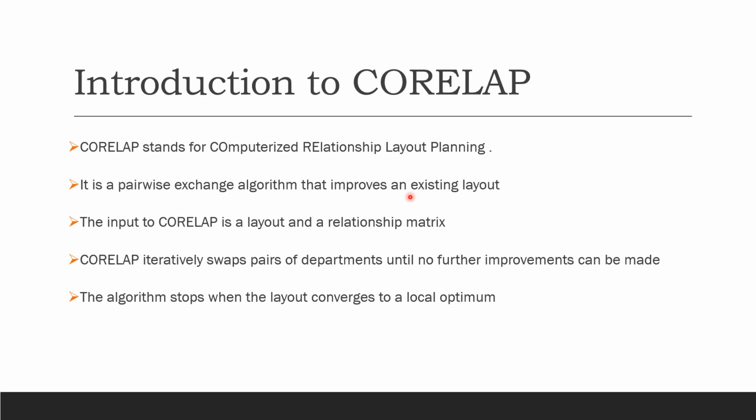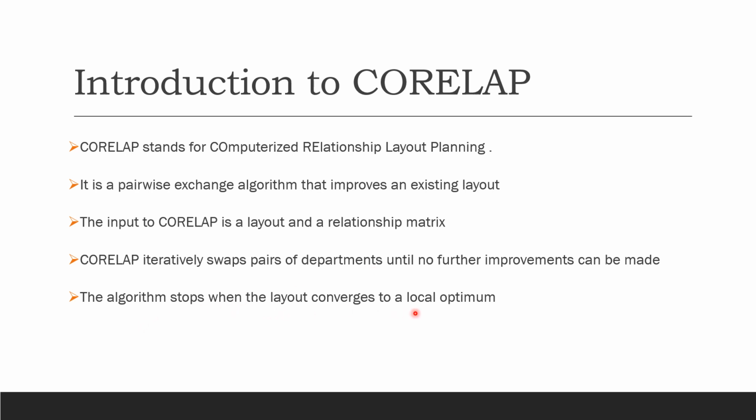CORELAP iteratively swaps pairs of departments until no further improvements can be made. A swap is considered an improvement if it reduces the total cost of the layout. The cost of the layout is the sum of the distances between all pairs of departments that need to be close to each other. The algorithm stops when the layout converges to a local optimum.